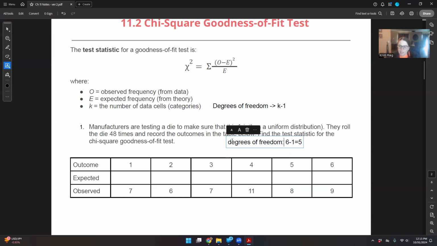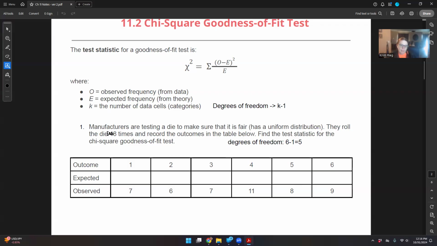There are 6 categories, minus 1, so the degrees of freedom is 5. You will see this on the calculator towards the end of the video. It's going to pop back up in chapter 13, and it's going to be more relevant then. But I just want to get this vocabulary familiar to you, so it's one more thing you know for the future.